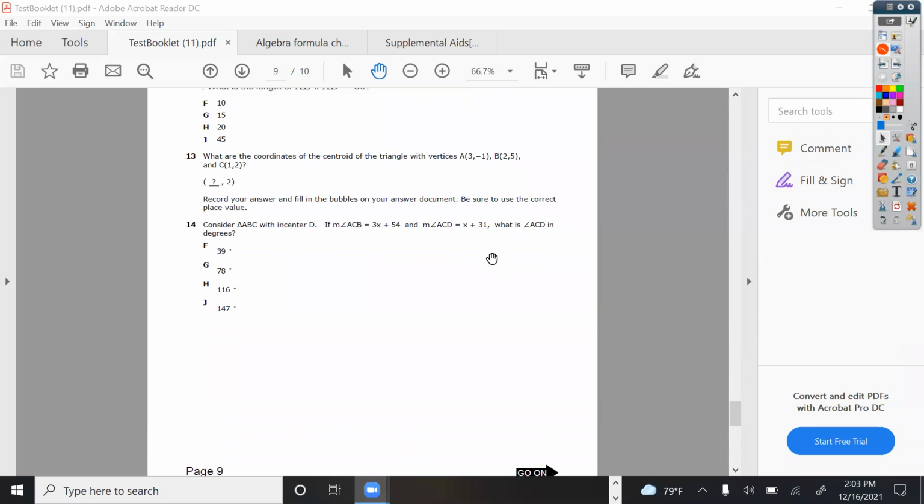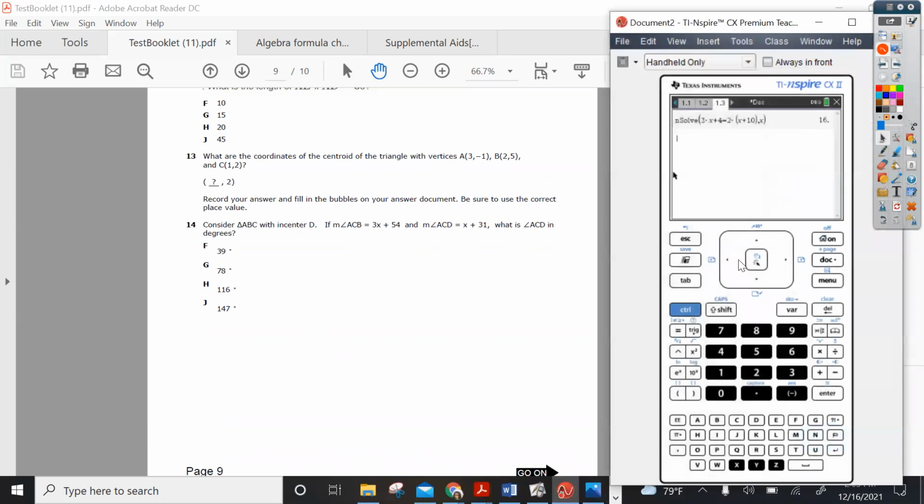Okay. Consider triangle ABC with the incenter of D. If the measure of ABC equals this, measure this, what is the measure in degrees? Okay, so these are going to be congruent. Because they're congruent, I was going to draw it out, but we're just going to go ahead and use our calculator because I'm running out of time here.